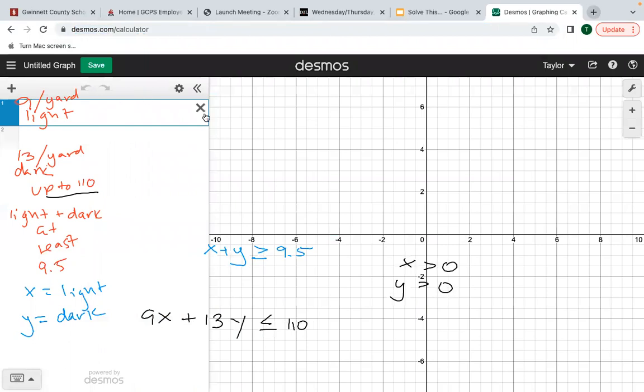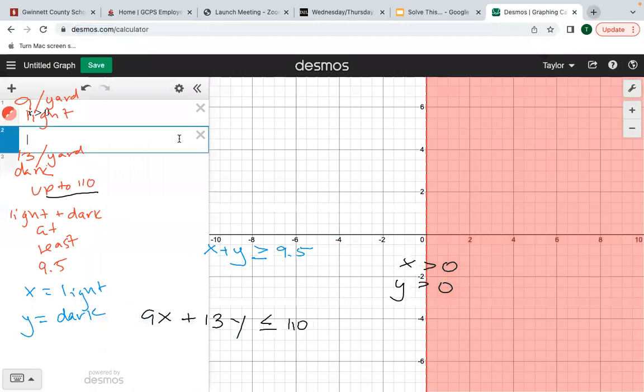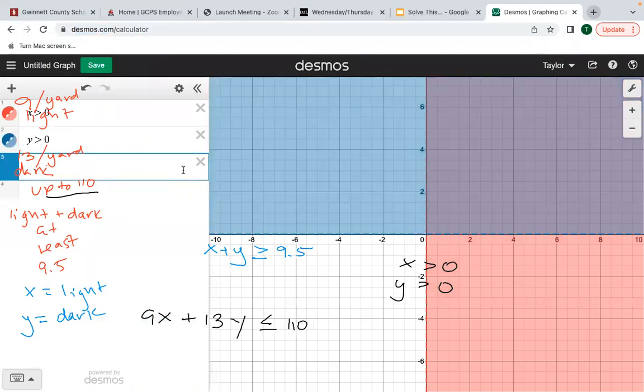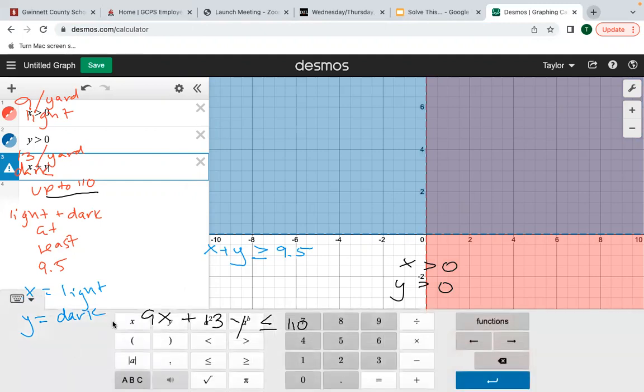We're going to say X is bigger than 0, Y is bigger than 0, and then X plus Y. When you put this greater than or equal to, you're going to have to use the little keyboard down here. So greater than or equal to 9.5.